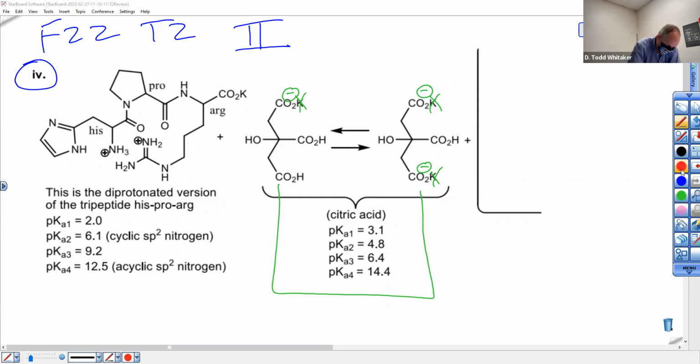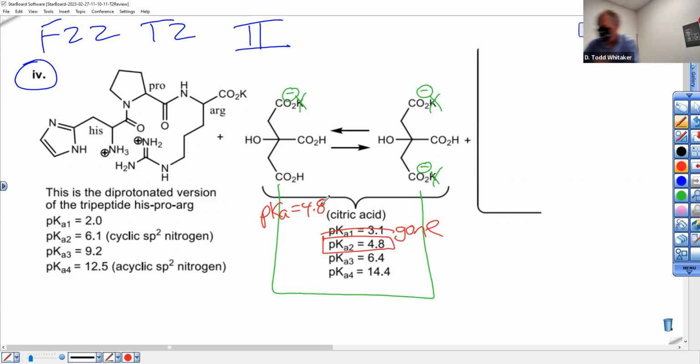What's its pKa? Trust me, it's not 3.1. Not when you have a crossed off O minus. That means the H is missing, right? The 3.1 is gone. It's 4.8. It's the only one gone, right?